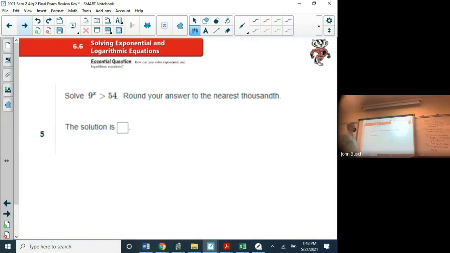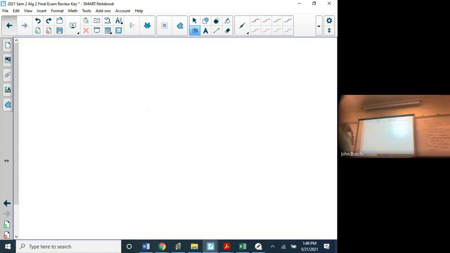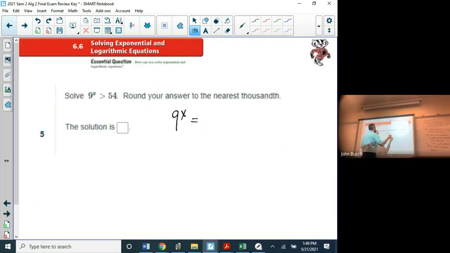There we go. Last problem. So 9 to the x equals 54. The way you undo an exponential is use a log, and you have to specifically use the log base 9.